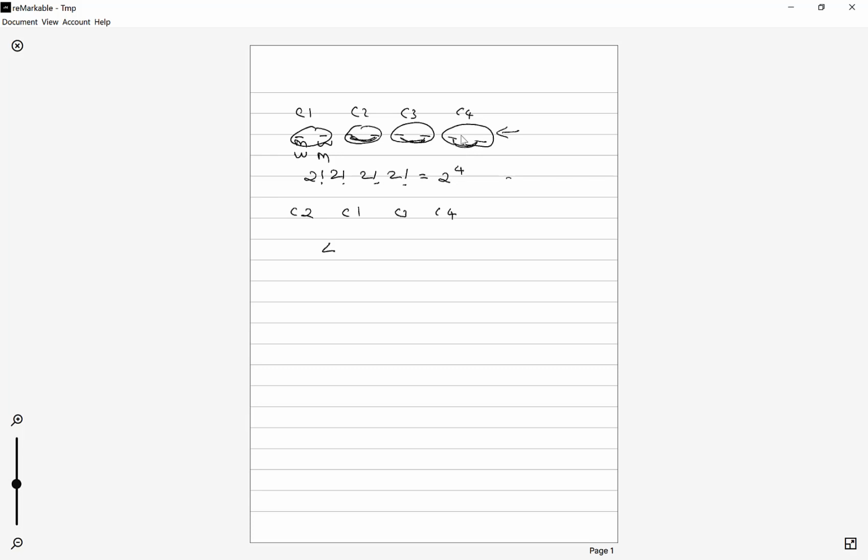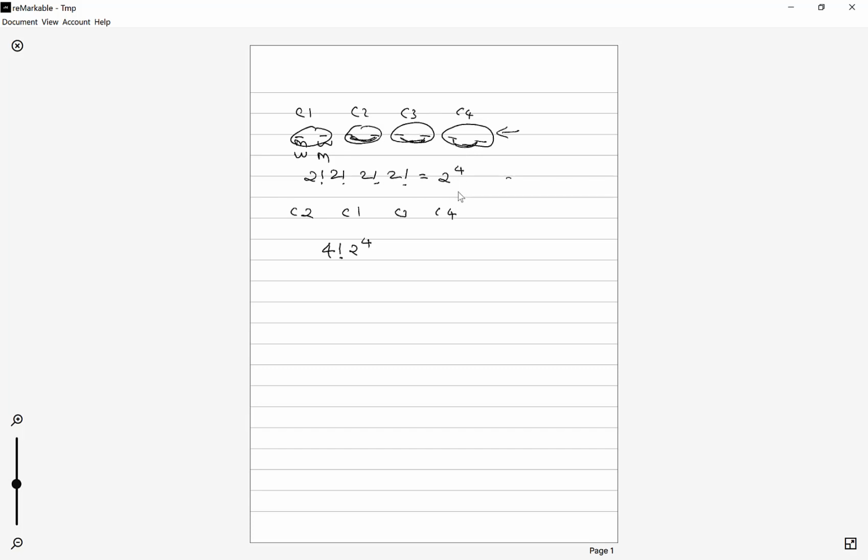So 4 couples can be rearranged in 4 factorial ways. Within each couple, you can shift the people involved to get 2 raised to 4, right? So for each such combination, we have 2 raised to 4 possibilities.